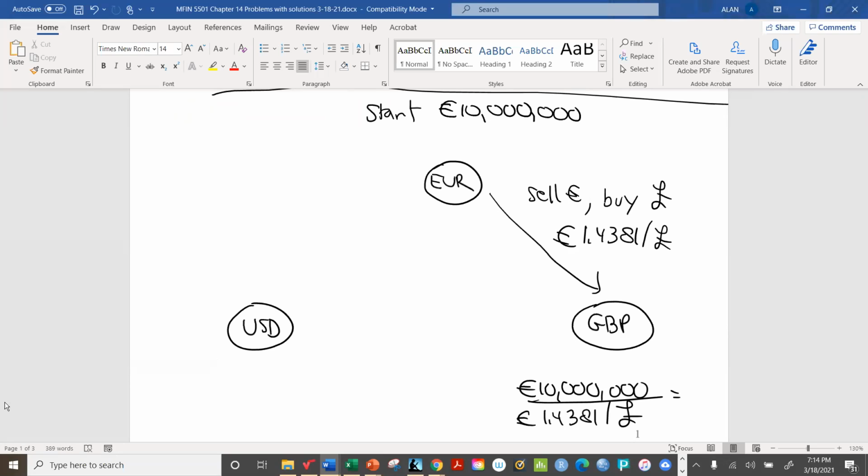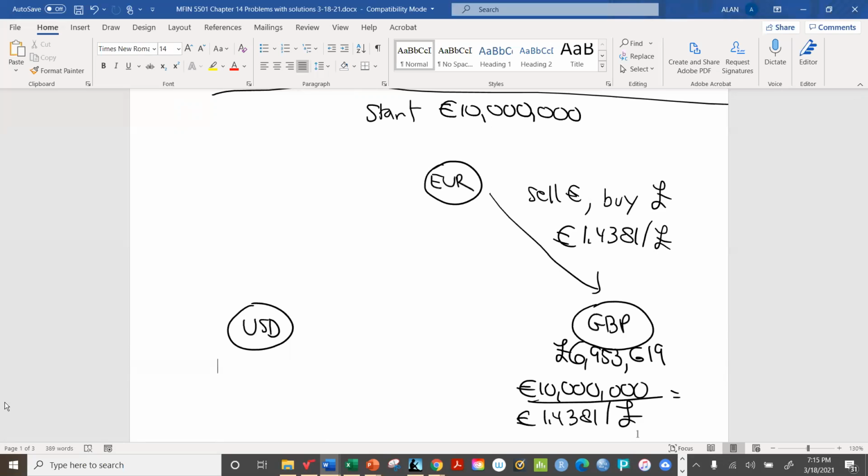Okay, this is how many pounds we're going to get. I'll put it up here, by the way. 6,953,619. And we can just leave it at that. You can round it to the closest pound or the closest dollar or the closest euro.